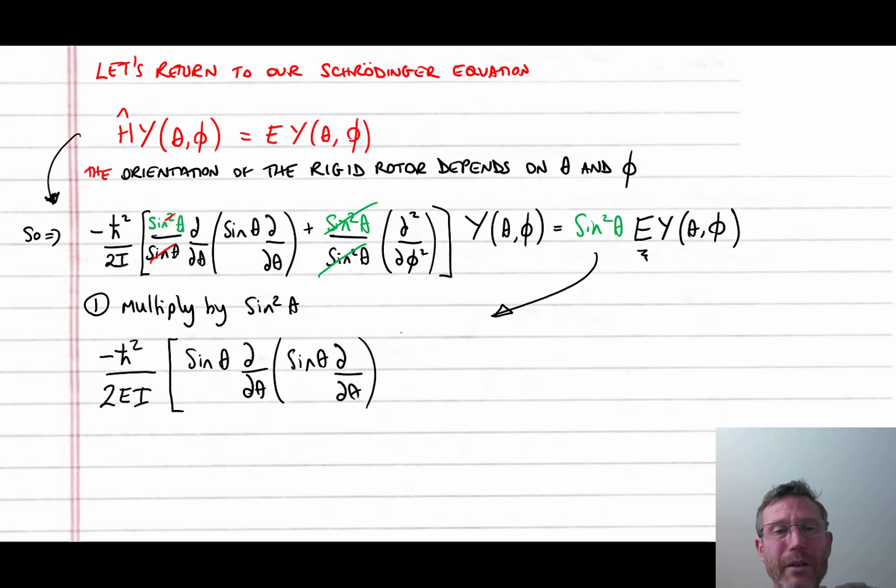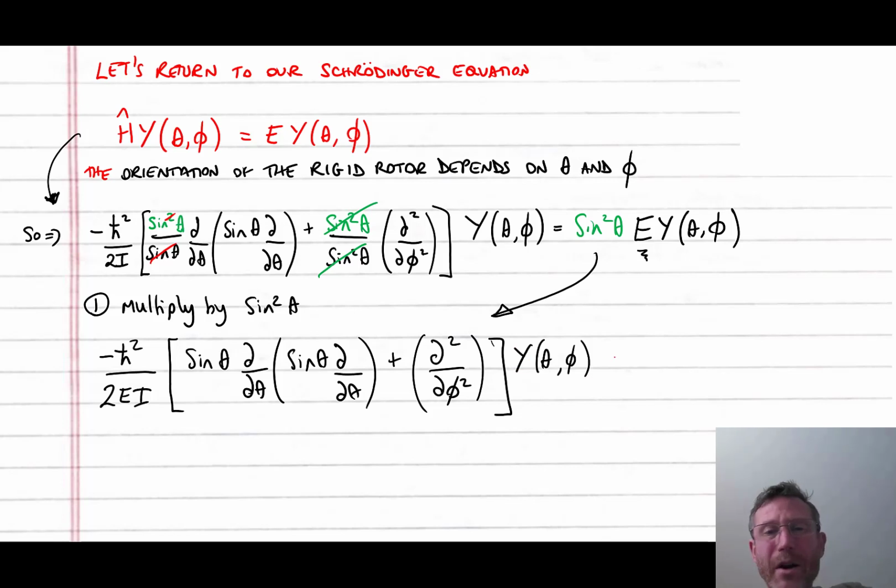We've cancelled our sine squared thetas, so we now have plus d squared psi by d phi squared, and then minus sine squared theta psi of theta comma phi, and that's equal to 0. So we've brought the right hand side over to the left hand side.